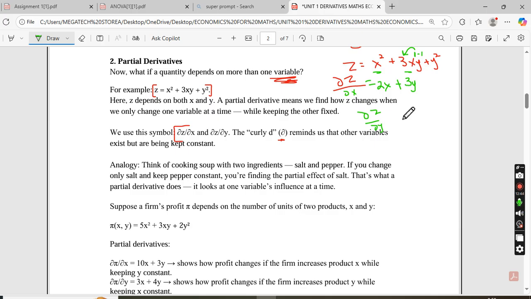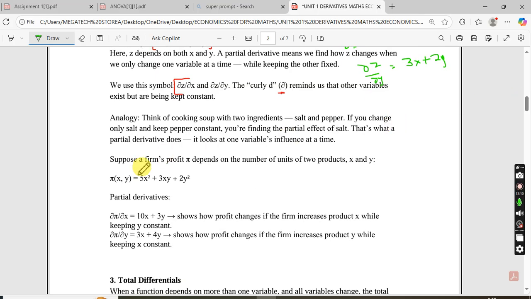That's 3x plus 2y. That's correct. Any questions?